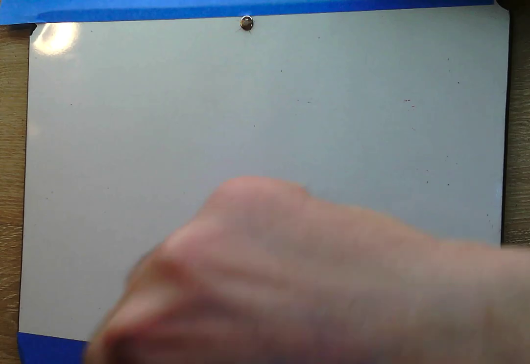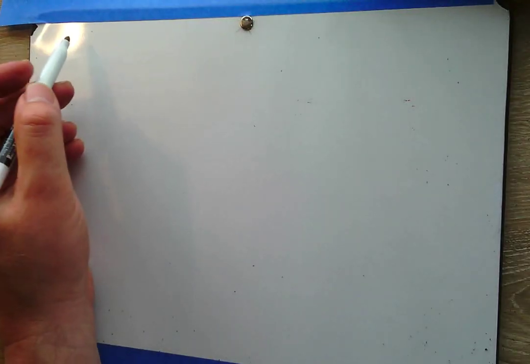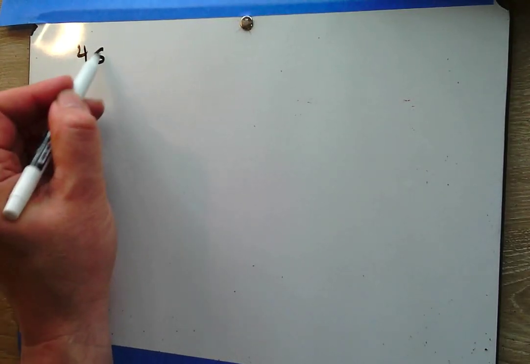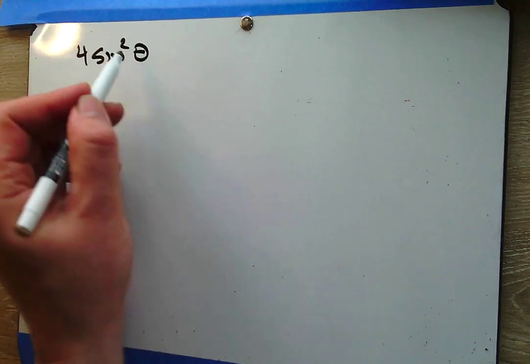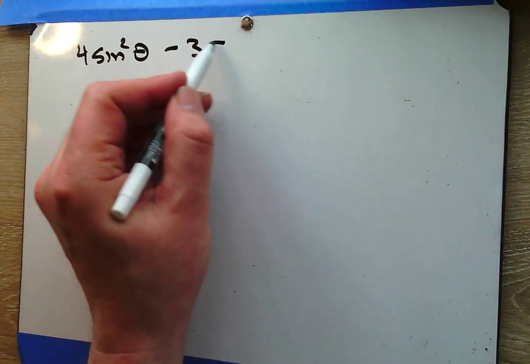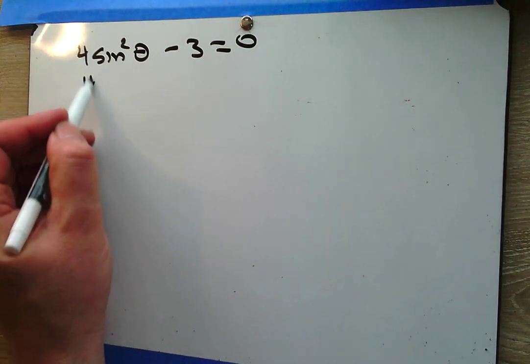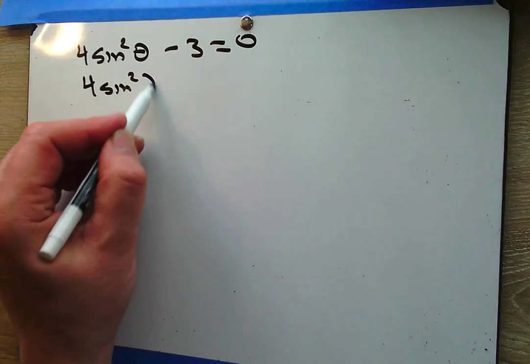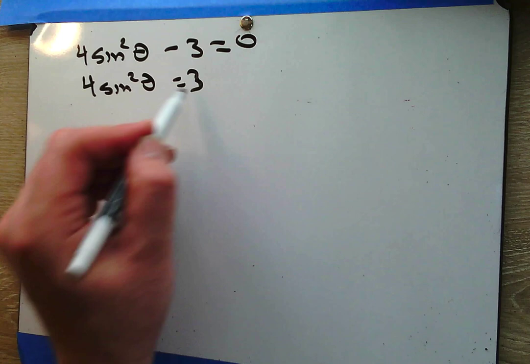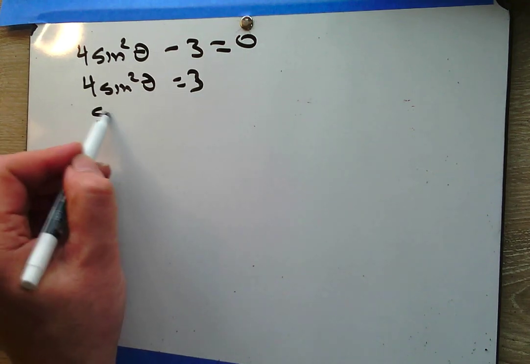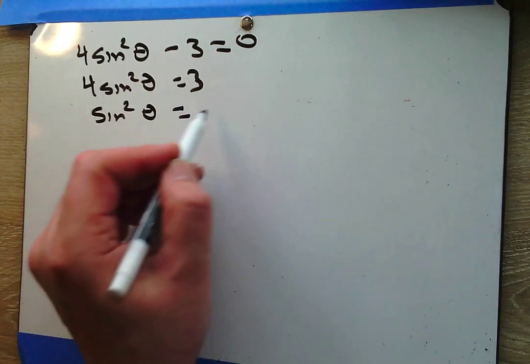Next, how about this one? 4 sine squared theta minus 3 equals 0. Well, that's going to be 4 sine squared theta equals 3. That's going to be sine squared theta equals 3/4.